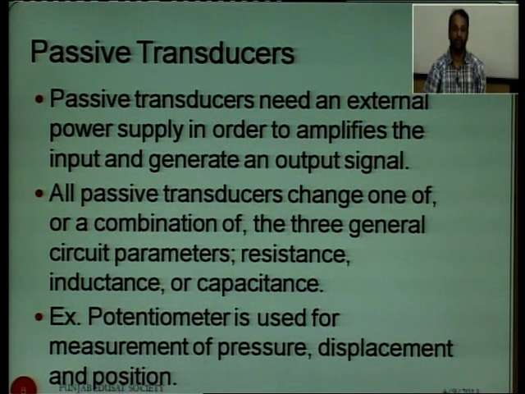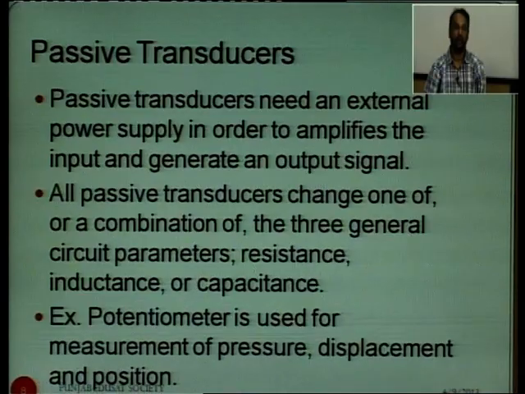So, in passive transducers we require an external source of supply to generate an output signal, and in these transducers any one of these three circuit parameters may be changed. For example, a potentiometer is used for measurement of pressure, displacement and position, and in a potentiometer there is a change of resistance according to the input quantity.